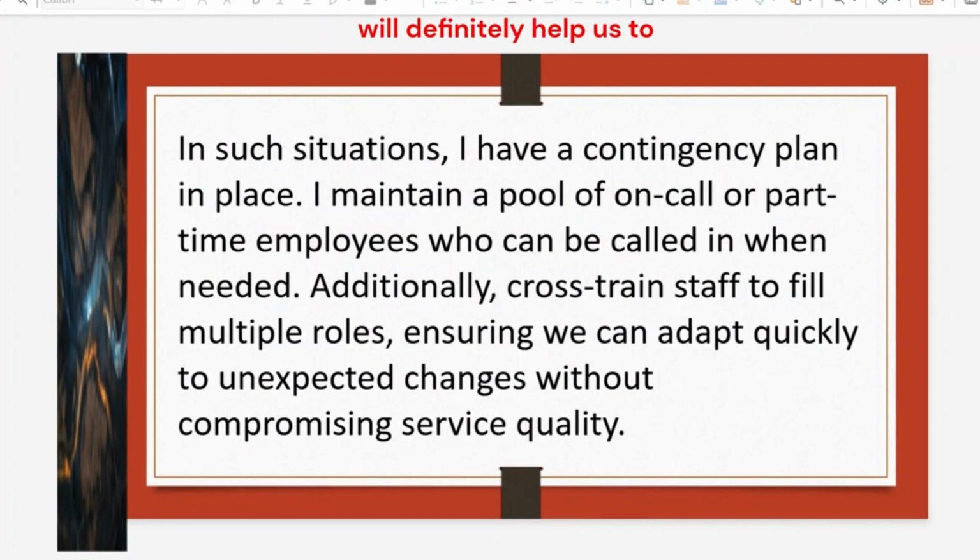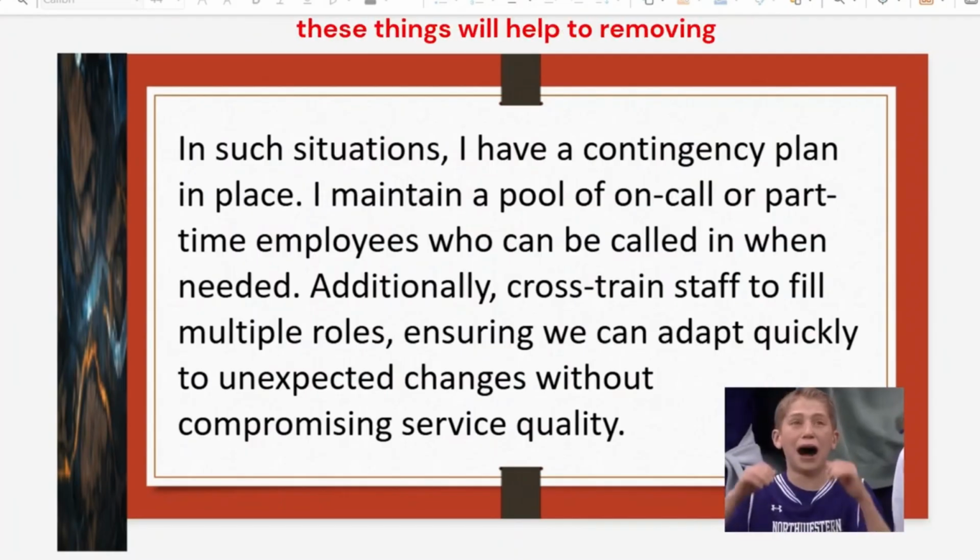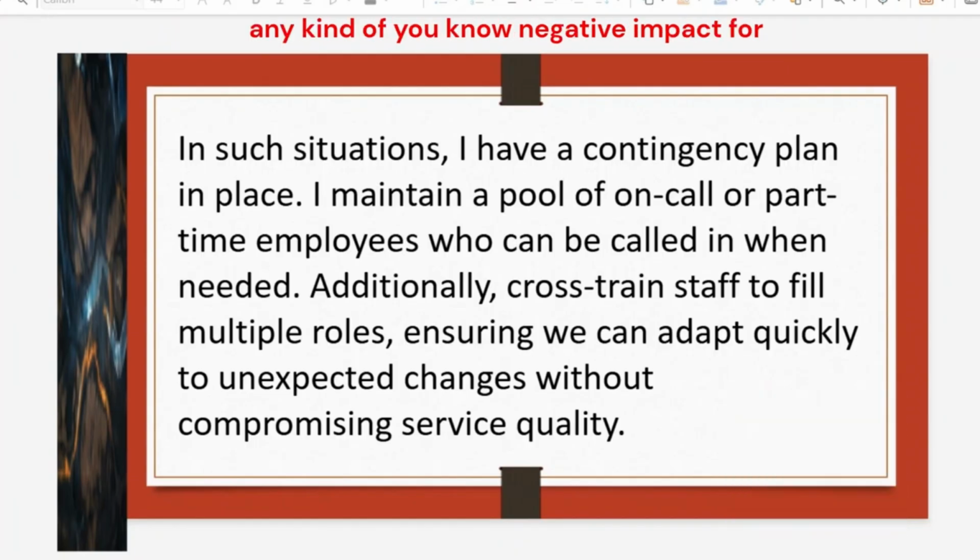That will definitely help in meeting the service level and reducing the average speed of answer. All these things will help remove any negative impact for the customers, and all the calls, chats, or emails would be answered as soon as possible without compromising service quality.